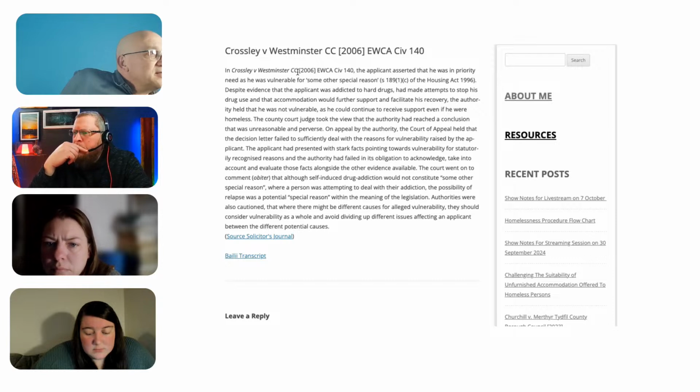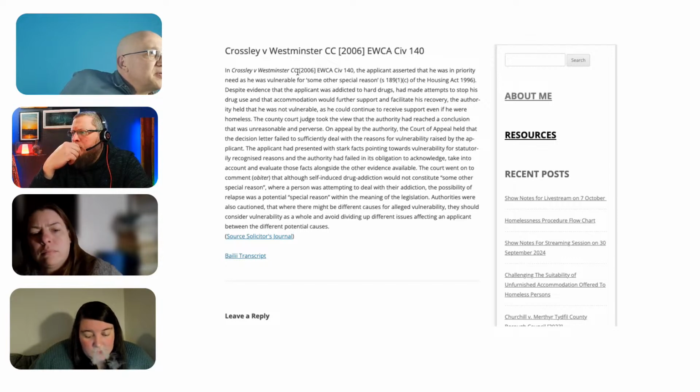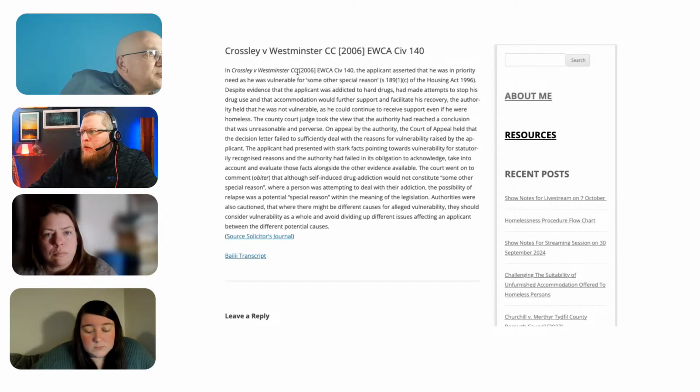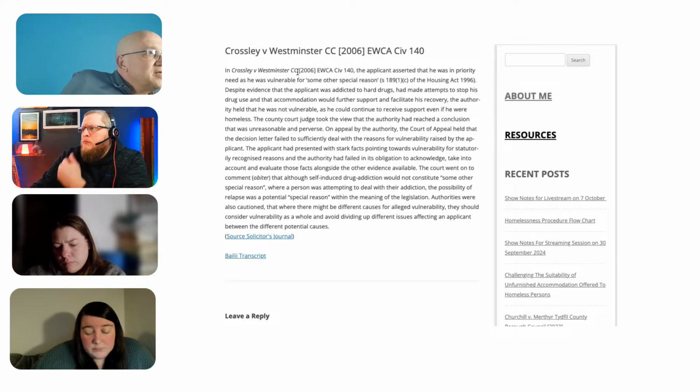In that case, they reported the case as being that the applicant asserted he was in priority need as he was vulnerable for other special reason. Despite the evidence that the applicant was addicted to hard drugs, he had made attempts to stop this and that accommodation would support and facilitate his recovery. The authority held he was not vulnerable as he could continue to receive support even if he were homeless.